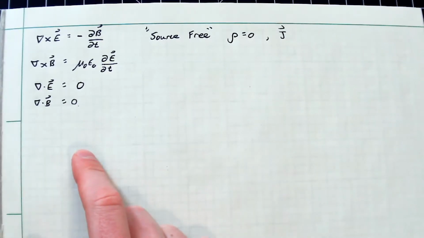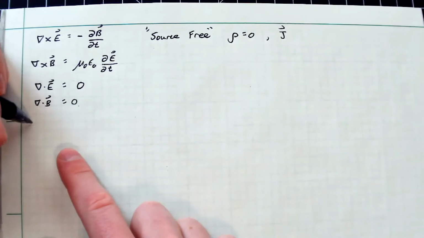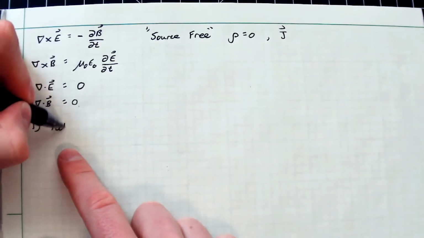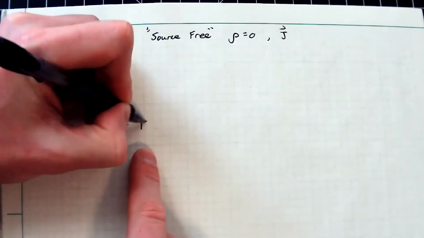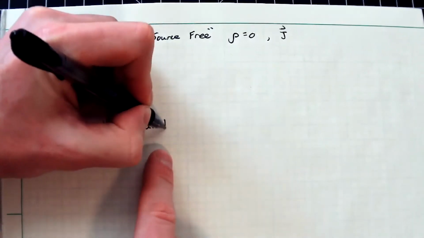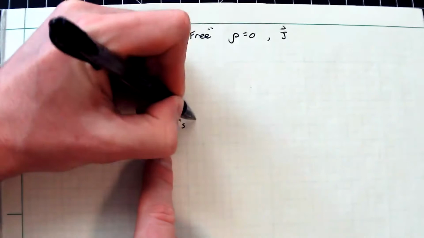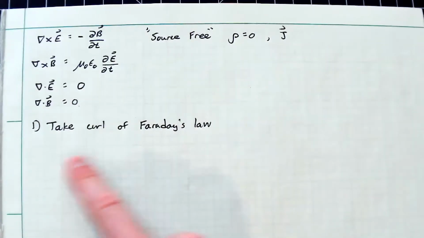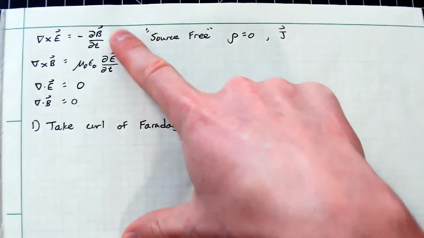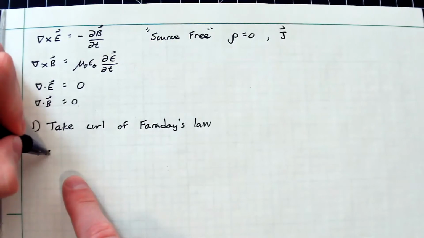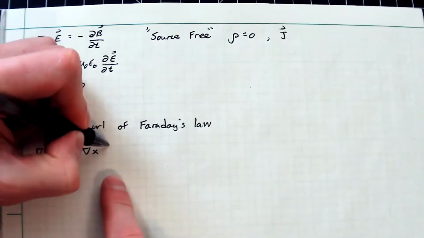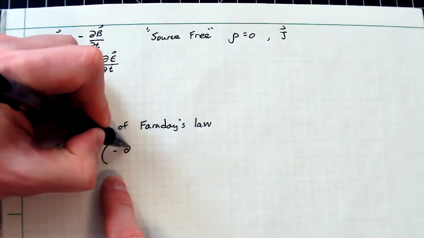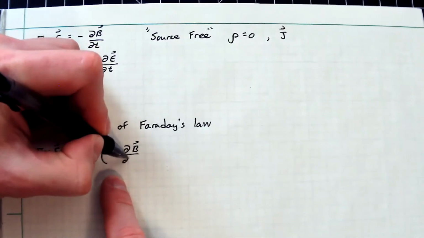So what we're going to do is step 1, take the curl of Faraday's law. Just like so. Up here, we're just going to take the curl. So you have del cross E is equal to del cross of minus partial B with respect to t.